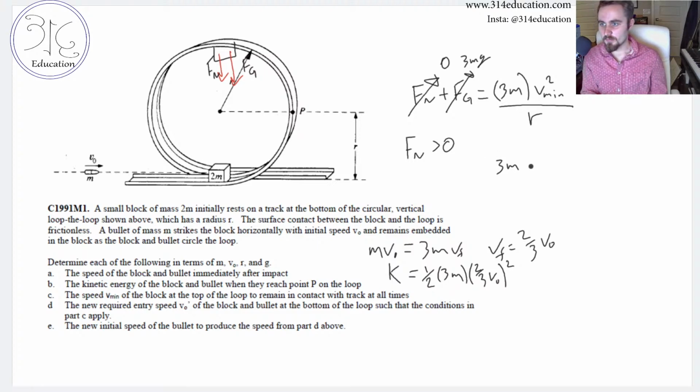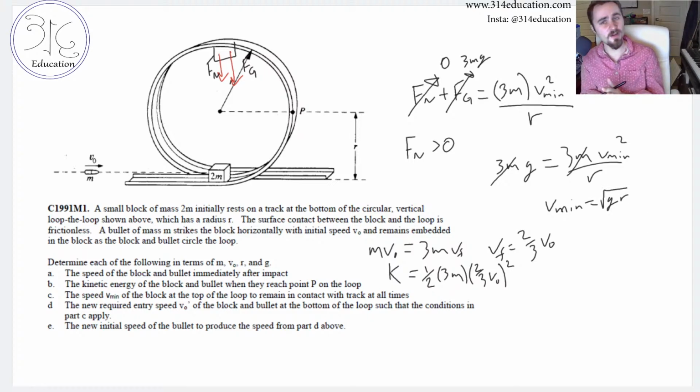So let's see, we have 3mg is equal to 3m times v min squared over r. We can divide both sides by 3m. And so we get the v min, if we multiply both sides by r and take the square root, is equal to the square root of g times r. So invariant of the mass, which is good to know. And so this is the minimum velocity we have to maintain at all times.